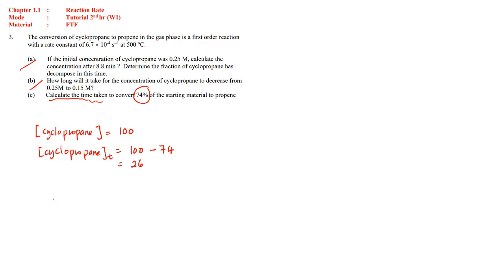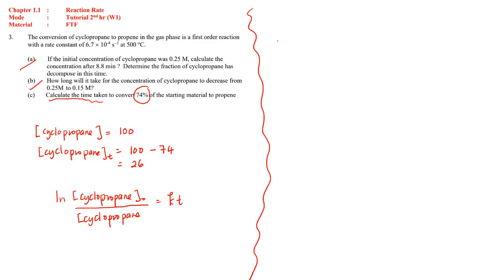Alright? Okay. So by using the integrated rate law, ln initial concentration of cyclopropane divided by concentration of cyclopropane at T time equals KT. So we can calculate the time taken.